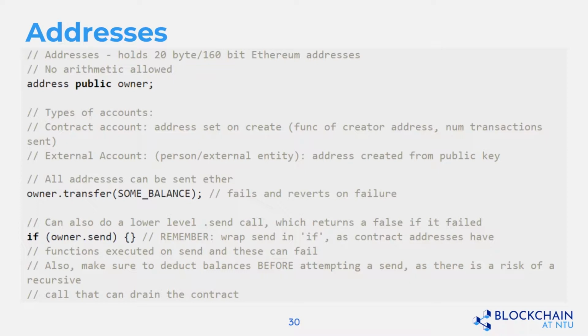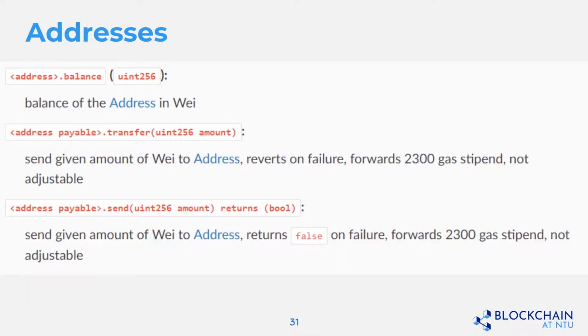So in some cases, if just one of the steps, like the transfer or the send, doesn't get through, you want to continue executing some other code. You don't want the entire function to be reverted. That's why I think they have two different money transfer functions. So there's some ability to customize what happens after the send function fails if you use owner.send.